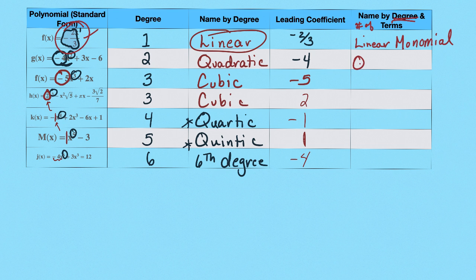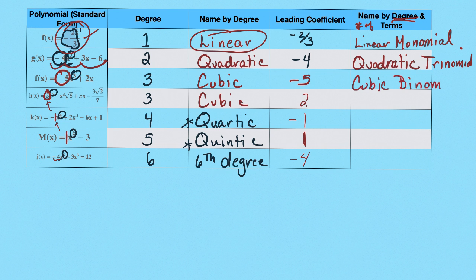Second one is quadratic by its degree, x squared, and it's got 1, 2, 3 terms in it, so it's a trinomial. Next one it's cubic, and it's got 2 terms. So it's a cubic, and 2 is binomial.